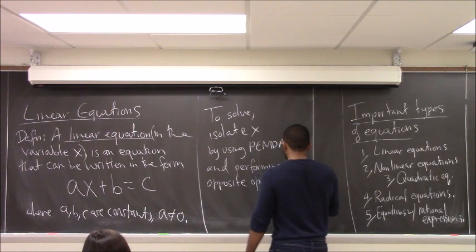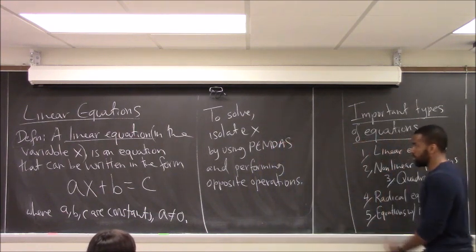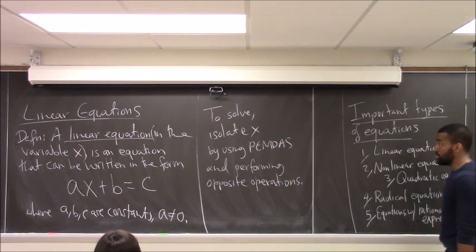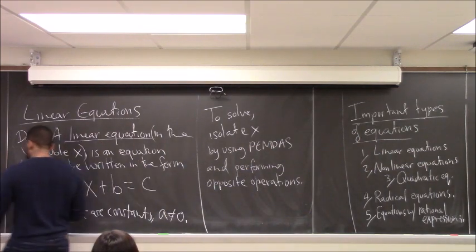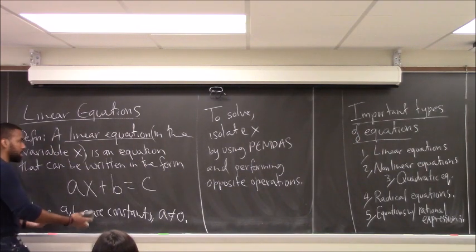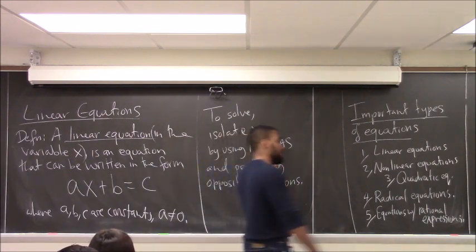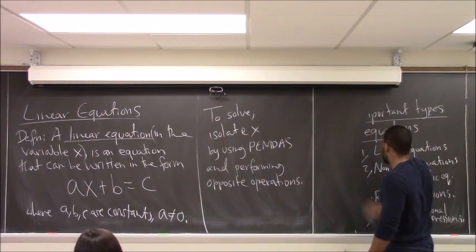Opposite operations in the sense that we think of subtraction as the opposite of addition, multiplication is the opposite of division, that kind of thing. So if you have something being added together and you don't want it being added anymore, subtract it from both sides. You have to obey the 4 previous properties.